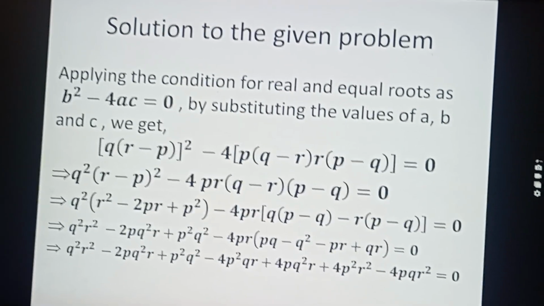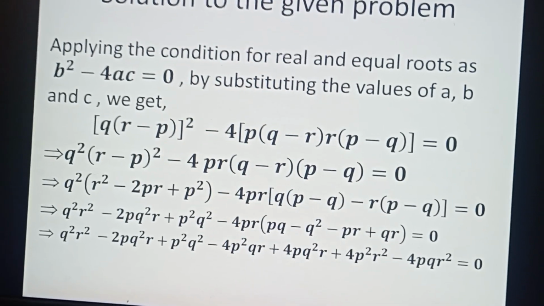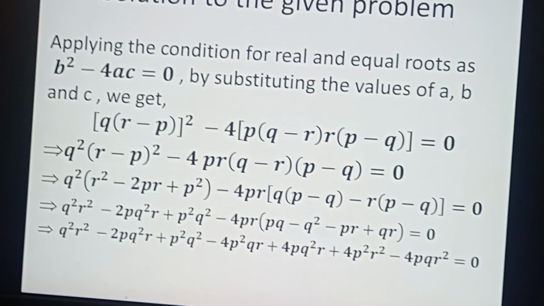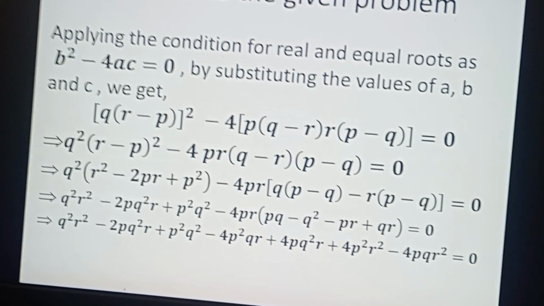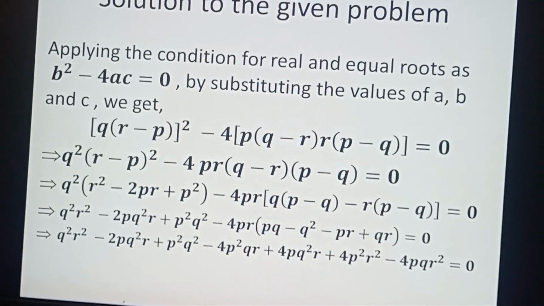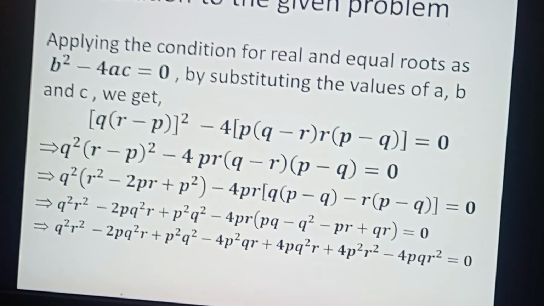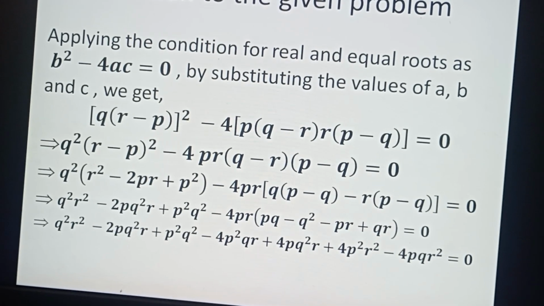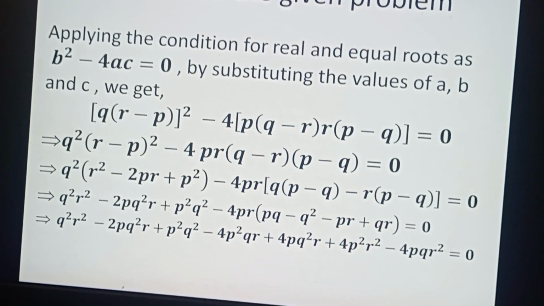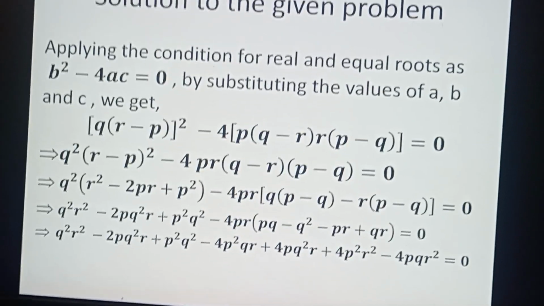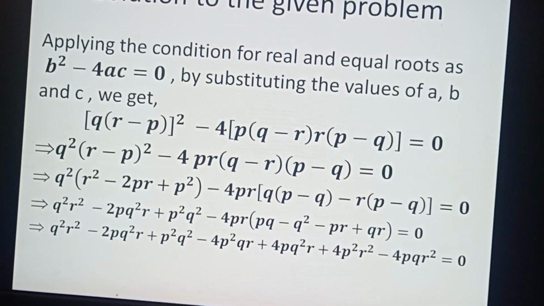As we now simplify this equation further, q squared r squared, of course, we just multiply inside the brackets. Minus 2pq squared r plus p squared q squared minus 4pr. Now we simplify the expression within the square brackets first, according to the hierarchy of brackets. First you do the innermost brackets.